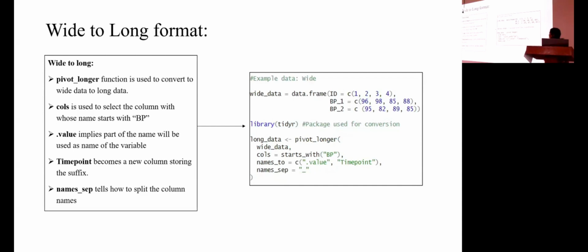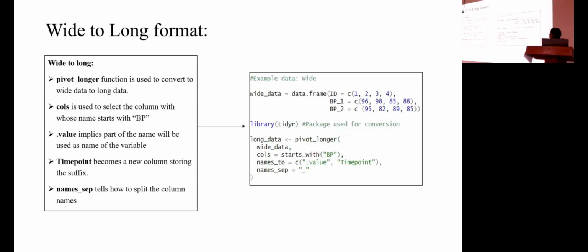Then names_to. What should my long data look like? .value: the values will be taken from this BP, taking the values 96, 98, 85, 88, whatever is given. And the time point, based on the 1, 2, with names_sep, names separated.